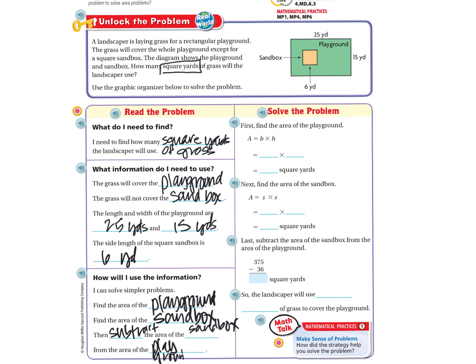First, find the area of the playground. Area model, base times height, length times height, or length times width, good. So what is the base of our playground? 25 times 15. Okay, let's do this right now. 25 times 15.